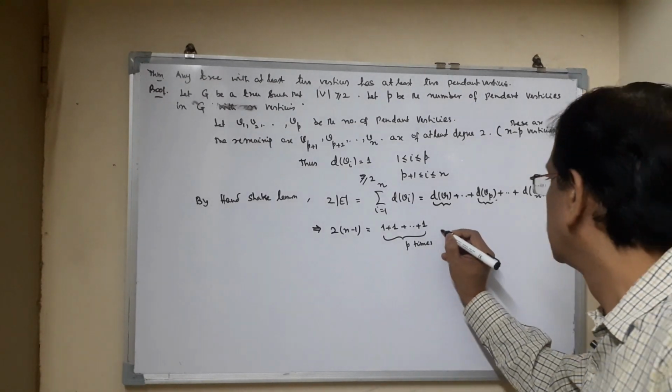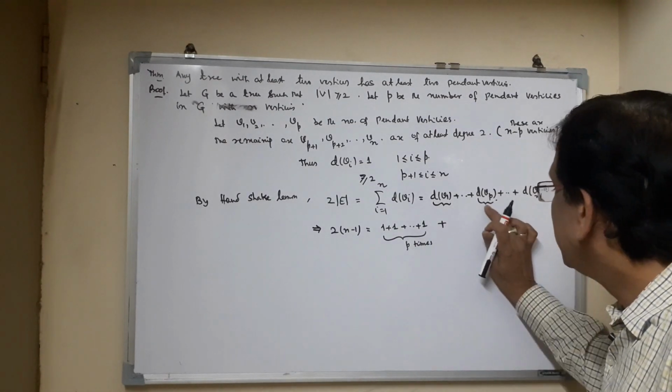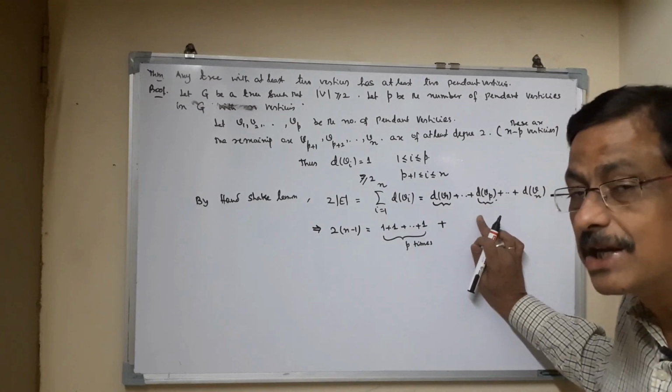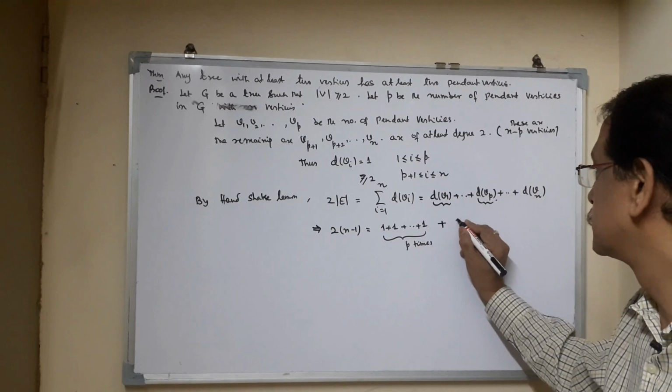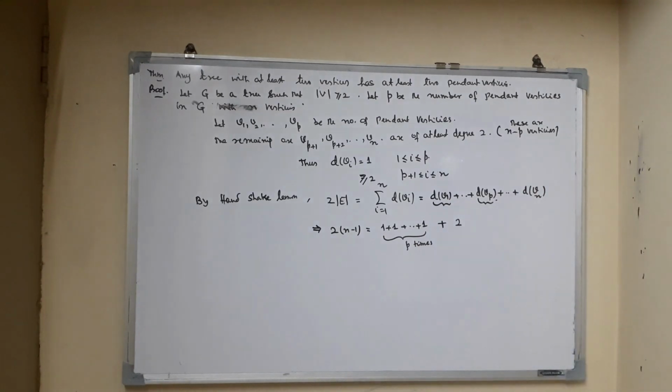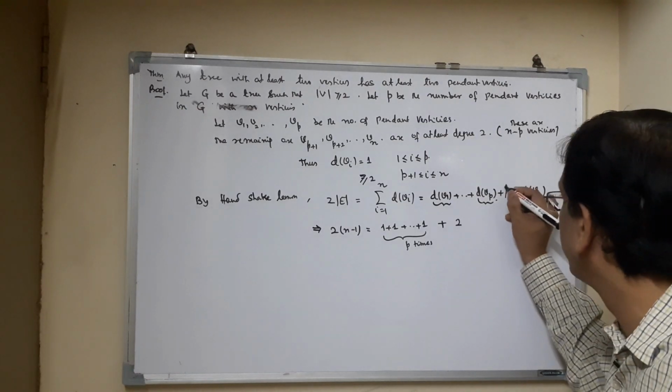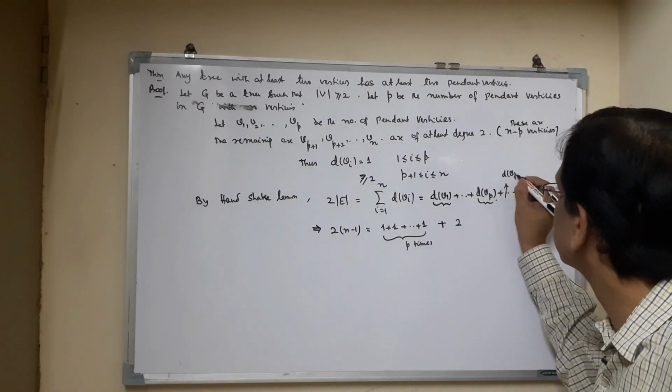Plus, each of the remaining is at least 2. How many are there? n minus P. So 2 into, d of V suffix P plus 1, and so on.